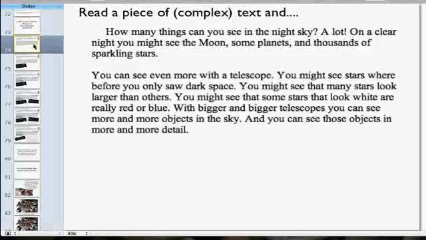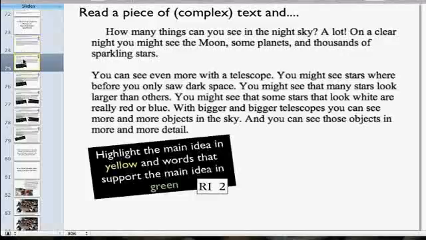And it's pretty simple, a couple of paragraphs. So using cognitive markers or some kind of annotation is a very active process, you might ask, and this comes from Reading Informational Text Anchor Standard 2. Highlight.